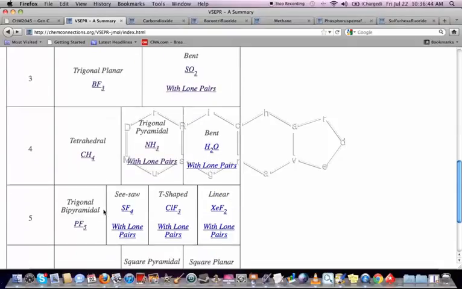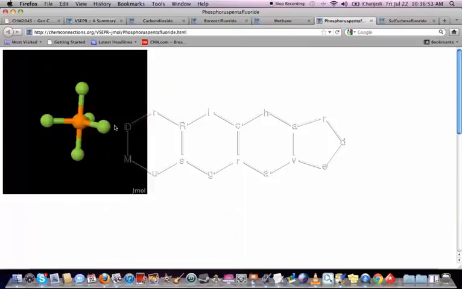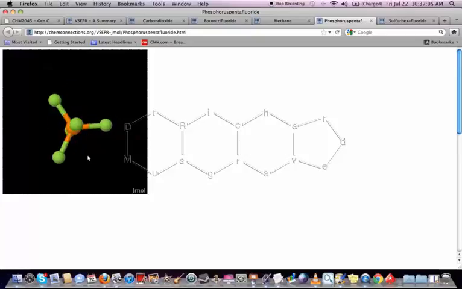Alright, let's take a look at the next one where we've got five groups around the central atom, and the shape we're going to be looking at is called trigonal bipyramidal, and this is it here. And what you'll notice is that it's sort of a combination of a linear shape, because you've got a linear geometry here, and a trigonal geometry here in this plane. So if you have five items you want to put around a central atom, this would be the way you would do it, and in this way everything's as far apart from each other as it possibly can be.